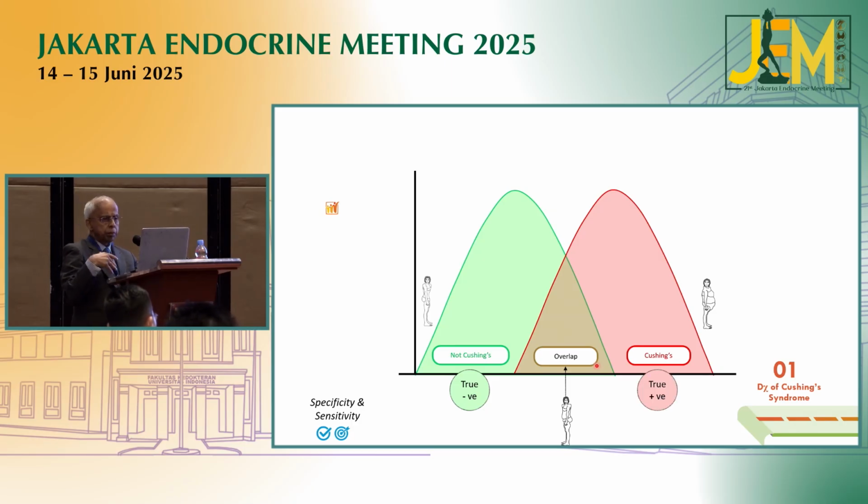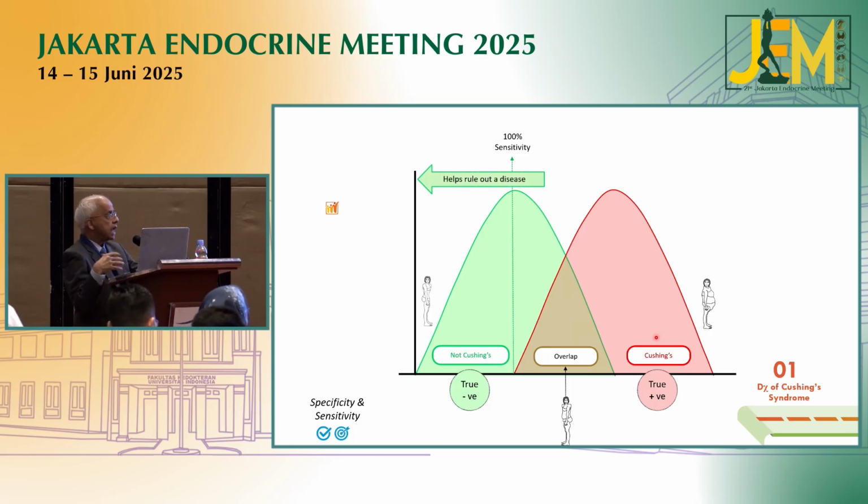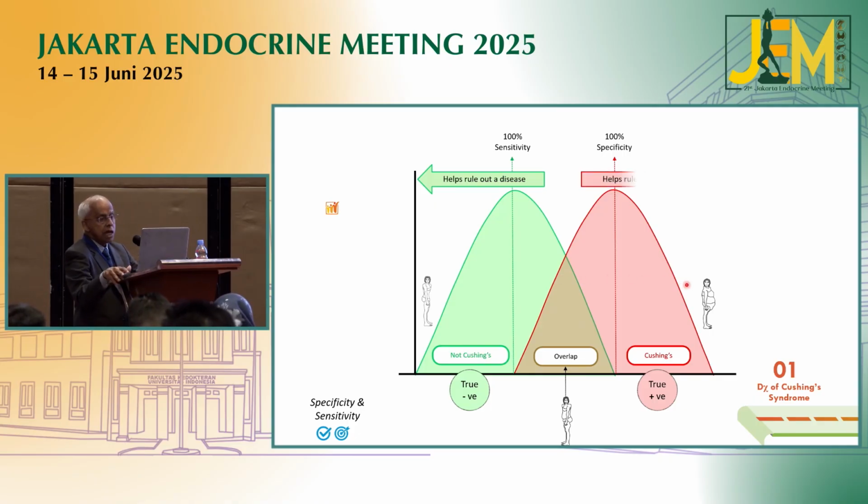So we have true positives and true negatives. If you have a test that's 100% sensitive, you can clearly distinguish the non-Cushing's from the Cushing's. If you have a test that is 100% specific, you can distinguish Cushing's from non-Cushing's. So this helps to rule out a disease. This helps to rule in a disease.